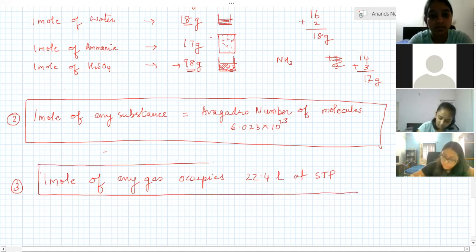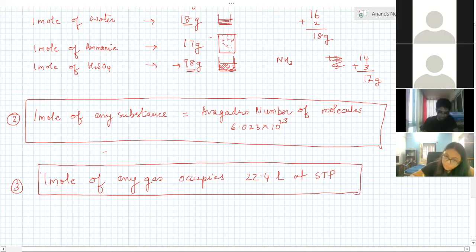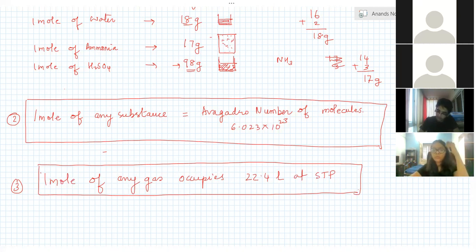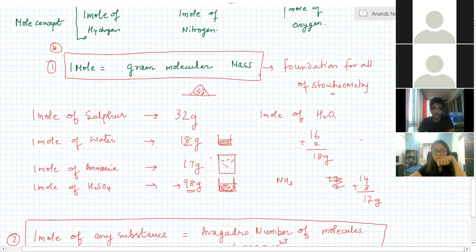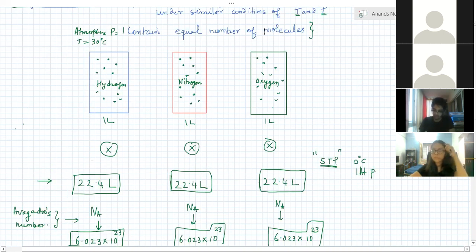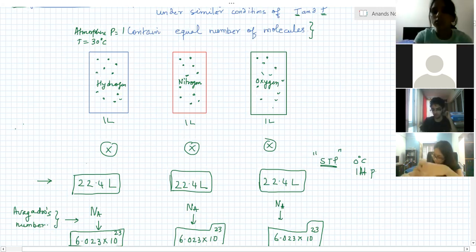We started off by saying 1 liter of oxygen, 1 liter of nitrogen, 1 liter of hydrogen, they all contain the same number of molecules. Then we said 22.4 liters, then we linked up. All right, this 22.4 liters is nothing but 1 mole of a gas. So that is how we end up with the mole concept.